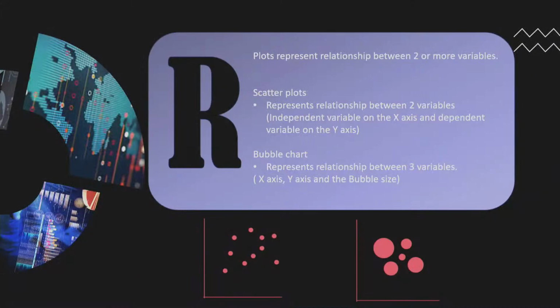When it comes to showing relationship between two variables, we tend to use two types of plots, which is a scatter plot and a bubble chart. In the scatter plot, we use two variables, that is x-axis and y-axis, to show the relationship between them. Whereas in a bubble chart, as explained by Sir last week, we not just have our x-axis and our y-axis, but we also have the size of our bubble that tells us a particular relationship there.